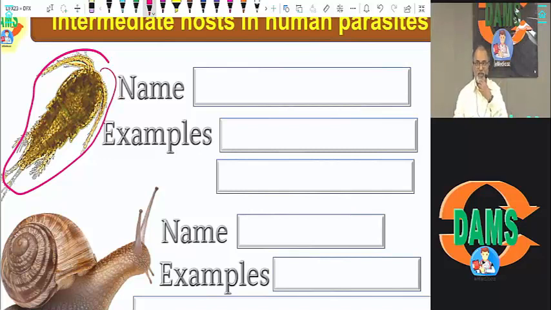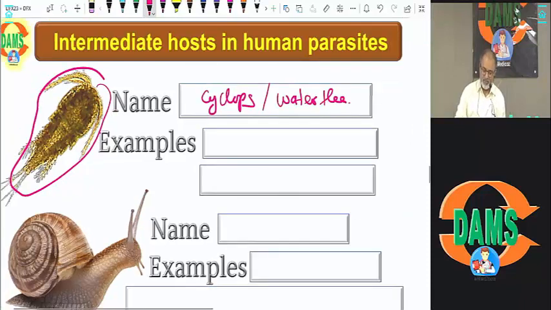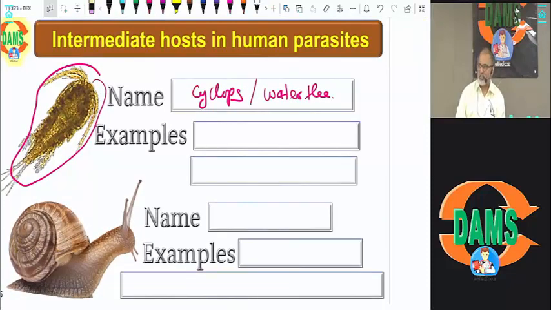If you don't know the vectors, they all look like different cockroaches. This is called Cyclops, otherwise called water flea. It is an intermediate host in two diseases. One is Diphyllobothrium latum.